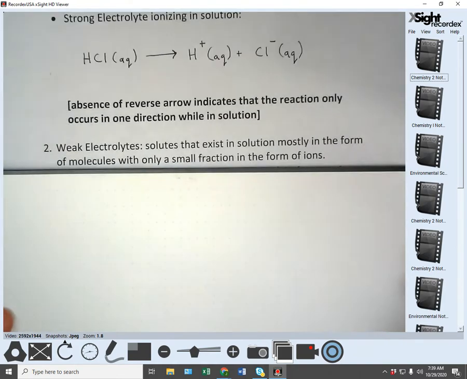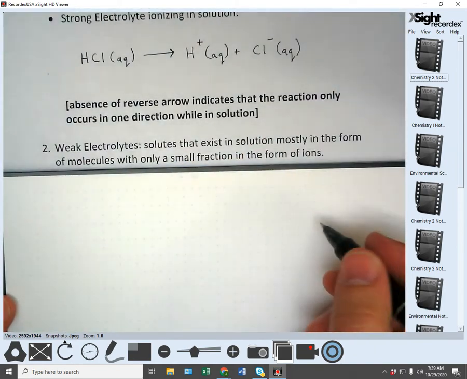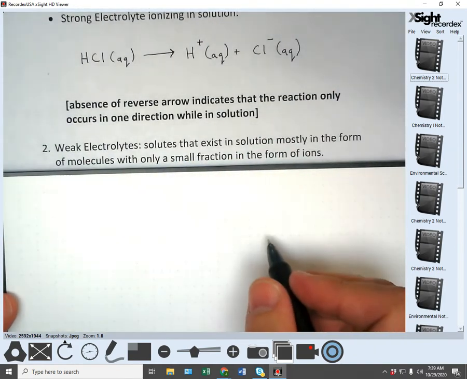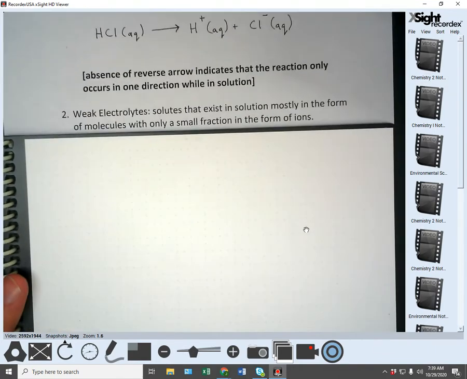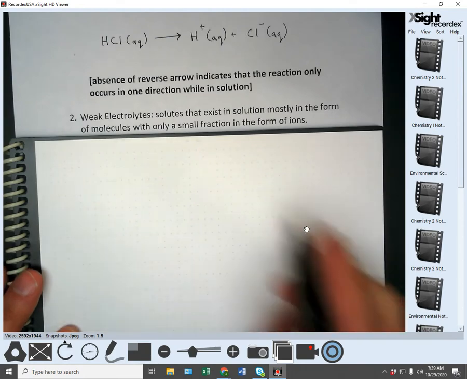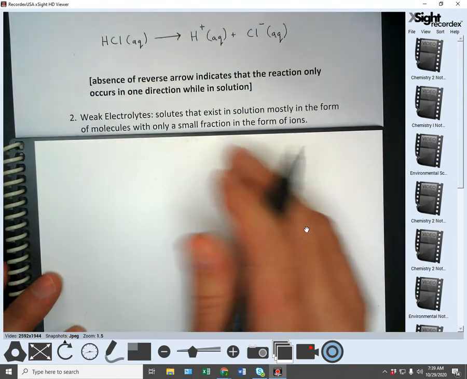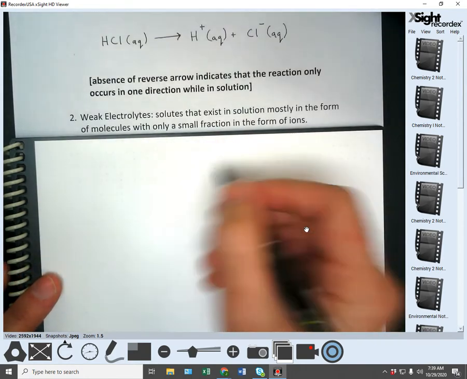The first thing I'll do is a strong electrolyte diagram here.